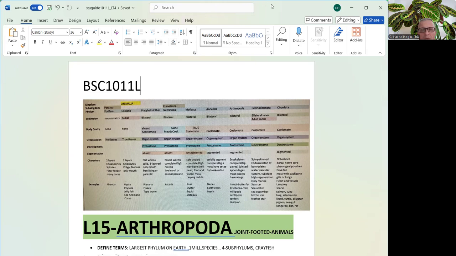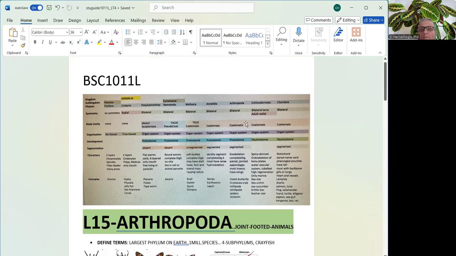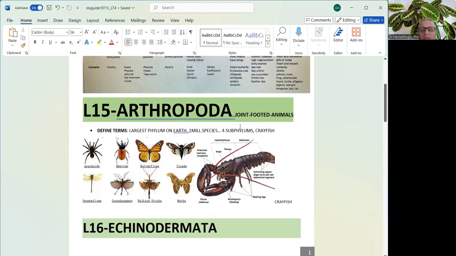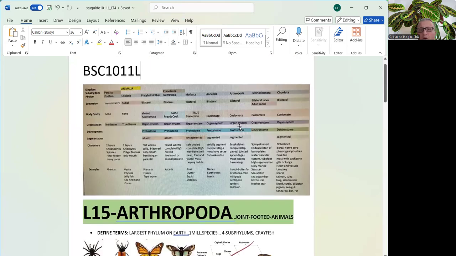The table also shows if there is symmetry, if there is a body cavity, the type of organization, whether they have true tissues or not, and any specific characters are also listed here, and examples like representative species. So make sure you study this table specifically. Again, this document is also in your Canvas, Module 4, and you can easily access it.